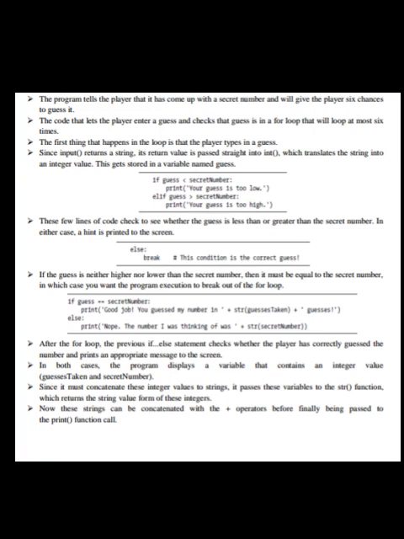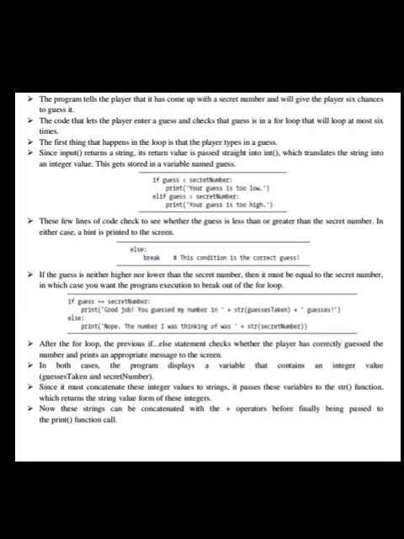Since input returns a string, its return value is passed straight into int, which translates the string into an integer. This gets stored in a variable named guess. See the code here. These few lines of code check to see whether the guess is less than or greater than the secret number. In either case, a hint is printed to the screen.